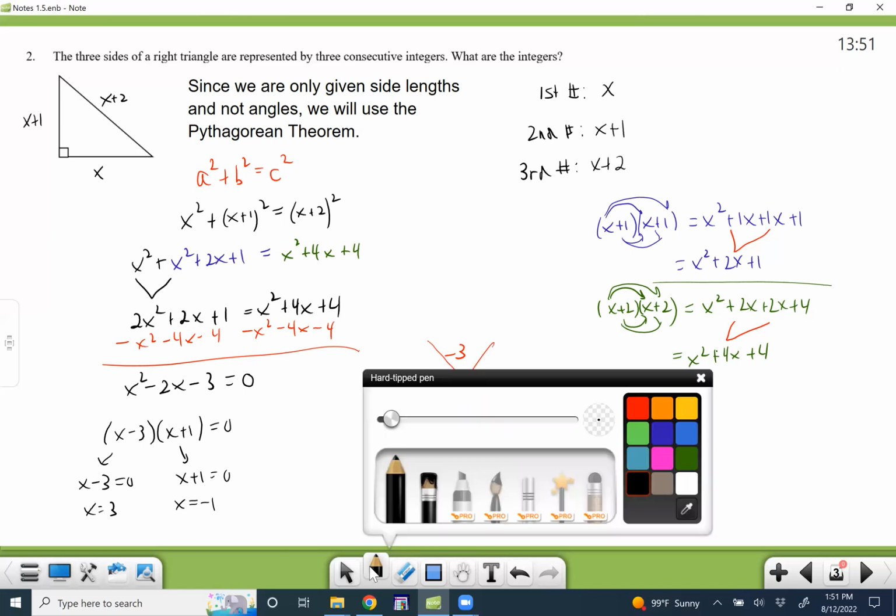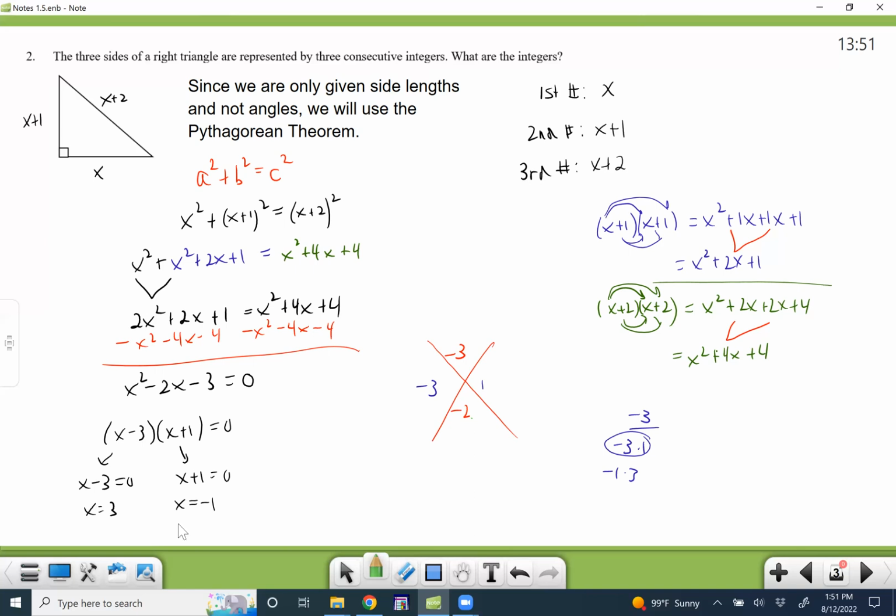You do have to go back and make sure, because sometimes a negative does work, right? So let's go and check. If I were to put a -1 in there, I would have a negative length. I'd be saying the side of that triangle is only -1 long, right? Not allowed. So again, no negative lengths or distances. So it looks like X equals 3.